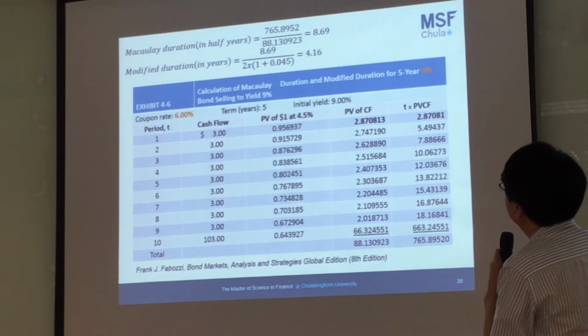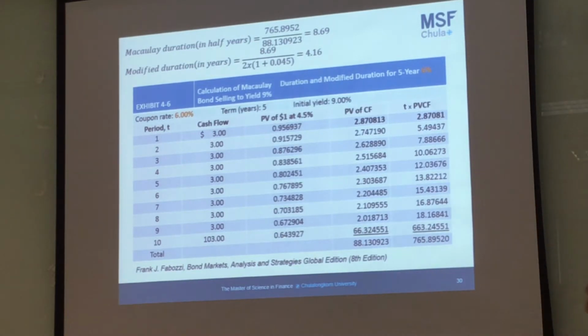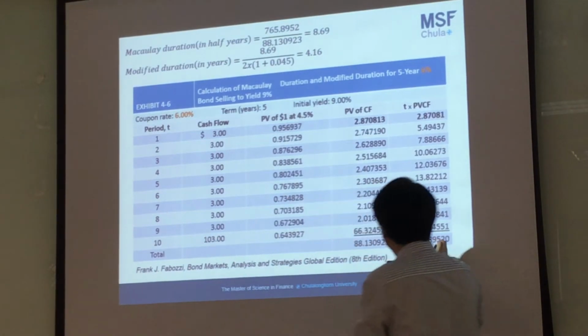What you can see here is that the duration will be higher, because the coupon rate is lower. If you compare this duration with the previous one, you can see that because this coupon rate is lower, the duration will be higher.